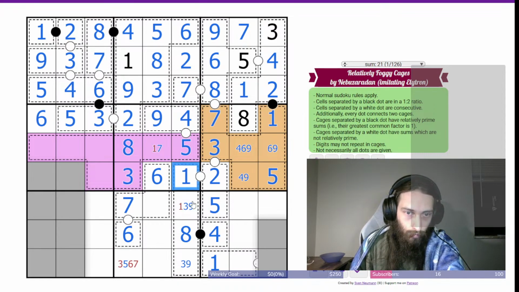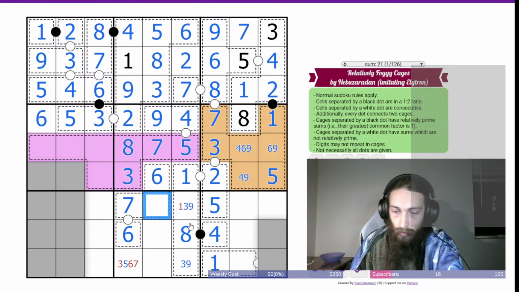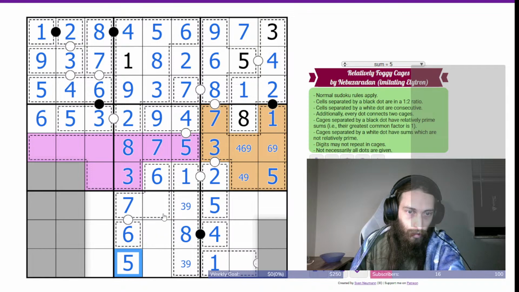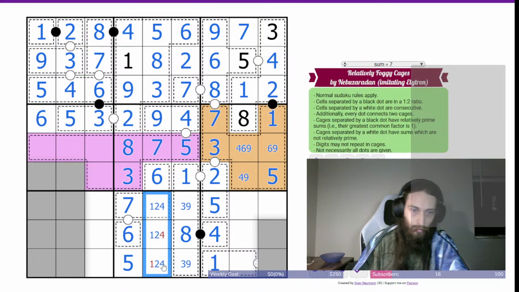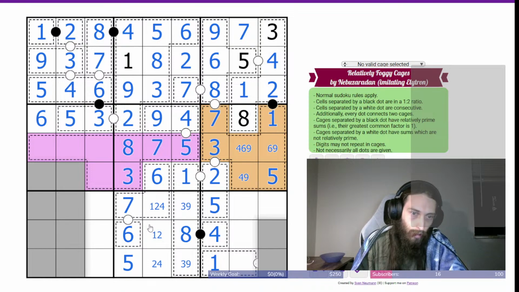8, 3, 1, 7. Not a 1. This now is a 5. 7, 6, 5, 3, 9, and 8. Not a 1, not a 4. And 6 shares a factor with whatever this is. That's 13. 14's allowed. 15 is allowed.